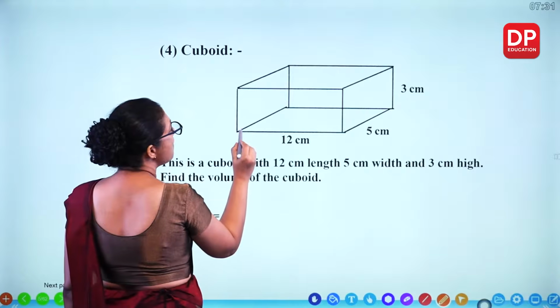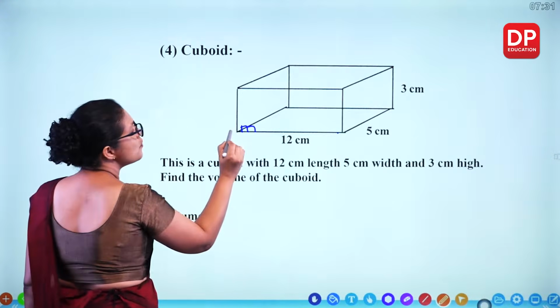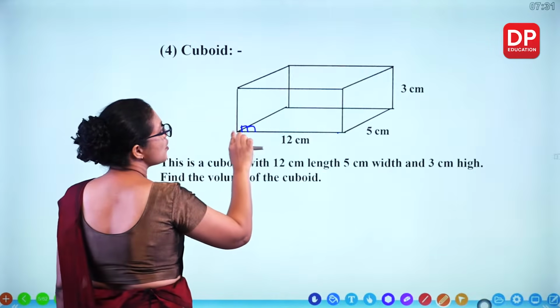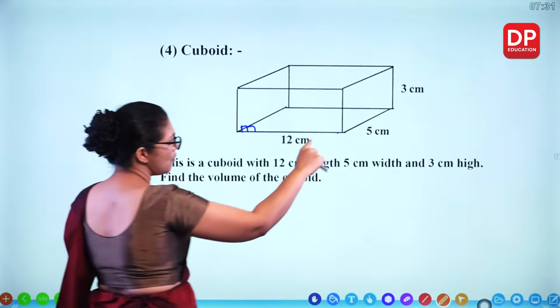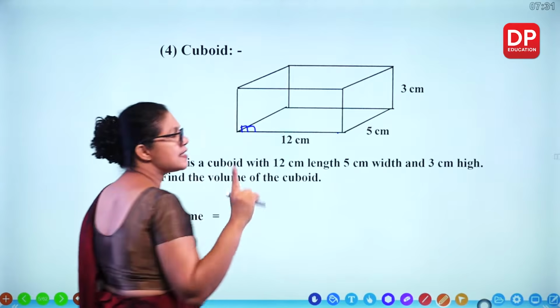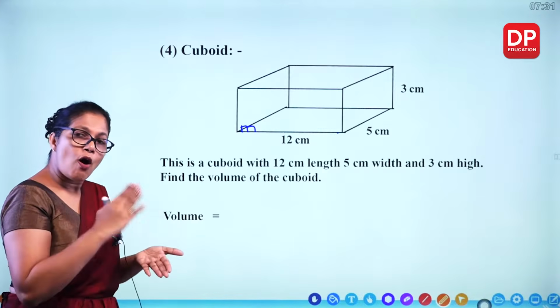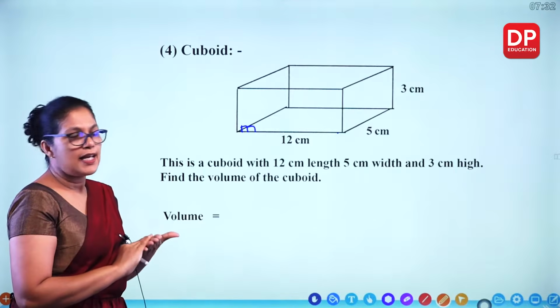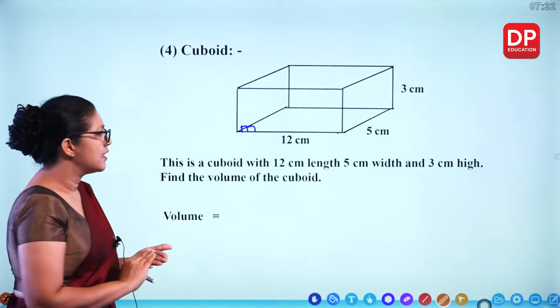When you keep cubes along this side, how many cubes can you fit here? 12 cubes, because this is 12 centimeter length. What about this side? You can keep 5 cubes of 1 centimeter.